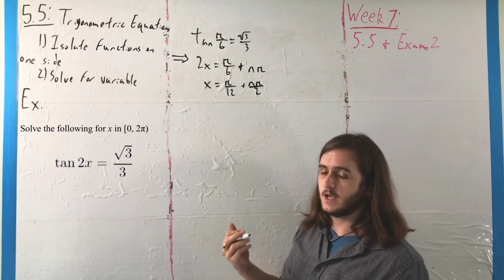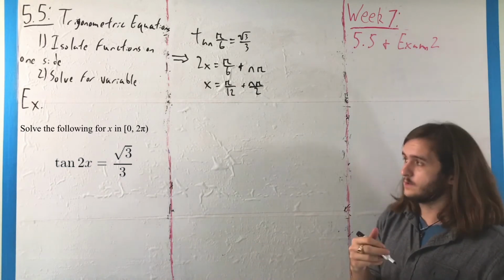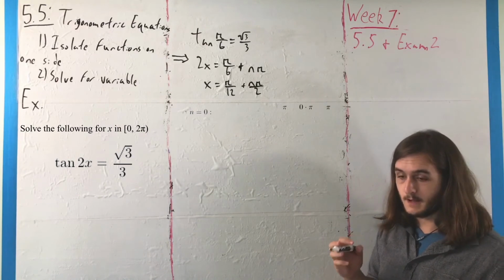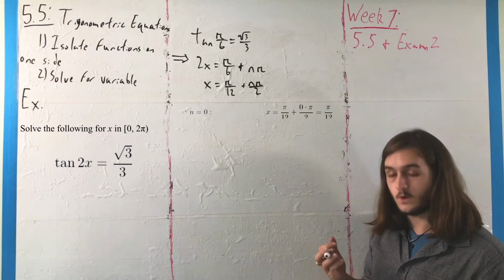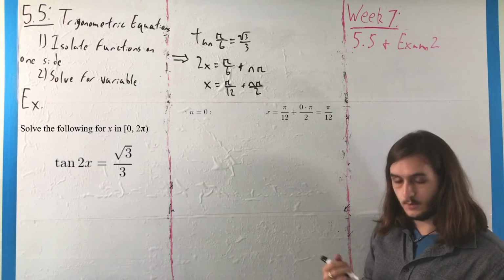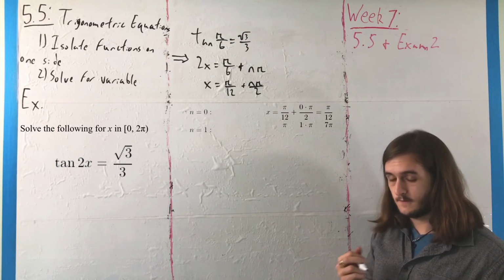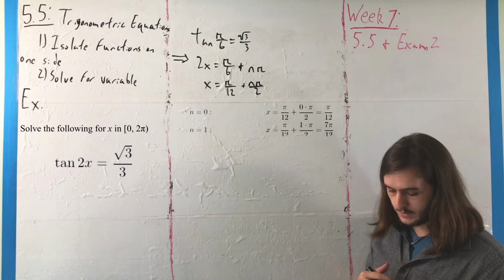So as a result, what we want to do here is just take the values n that give us values for x inside of our described interval, where when we have n equals 0, we will get that x is pi over 12 plus 0 times pi over 2, or pi over 12. While when n is equal to 1, we will get that x is pi over 12 plus 1 times pi over 2, or 7 pi over 12.